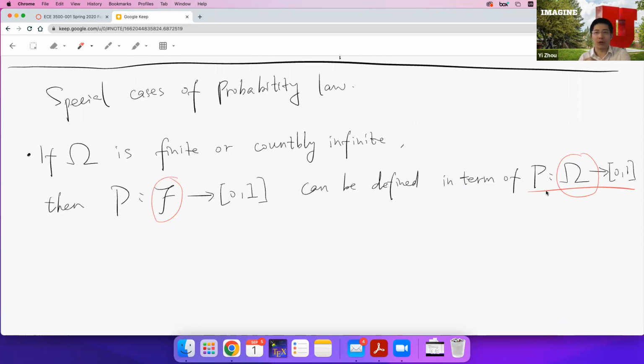So in particular, how do we define this? Let's say we have an event, and because the event is a subset of the big omega space, this event may contain a bunch of outcomes.